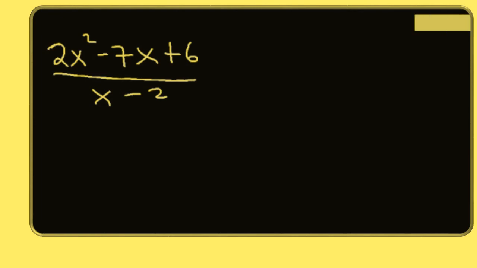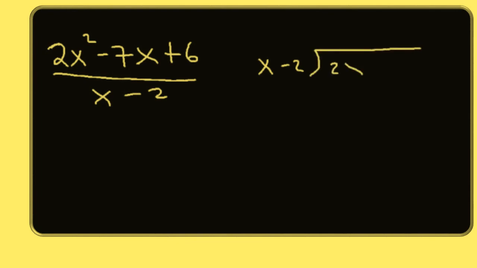Now let's try another example. Let's divide 2x squared minus 7x plus 6 by x minus 2. You can factor and cancel if you want, but let's start with long division. Let's put the denominator on the outside and the numerator on the inside. First, 2x squared divided by x is simply 2x.